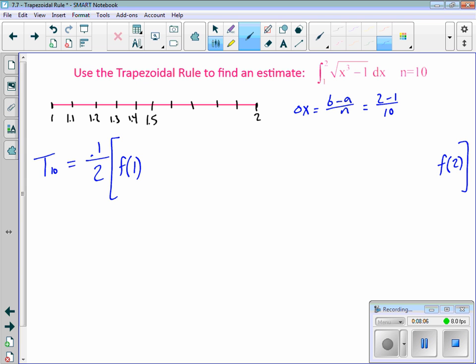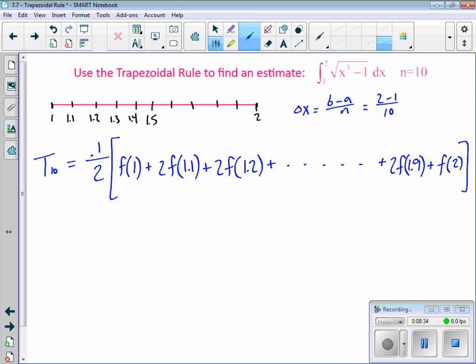And then everything in between, we should have 2 times it. So we're going to do 2 times the function at what? 1.1, 2 times the function at 1.2, dot, dot, dot, plus 2 times the function at, what's the very last one before this? 1.9, and then plus f of 2.